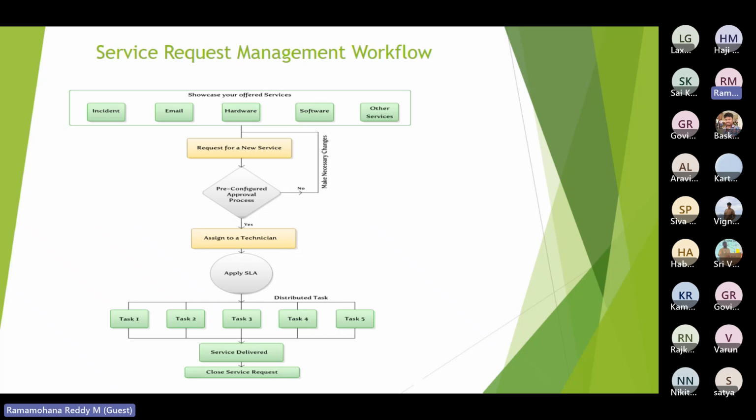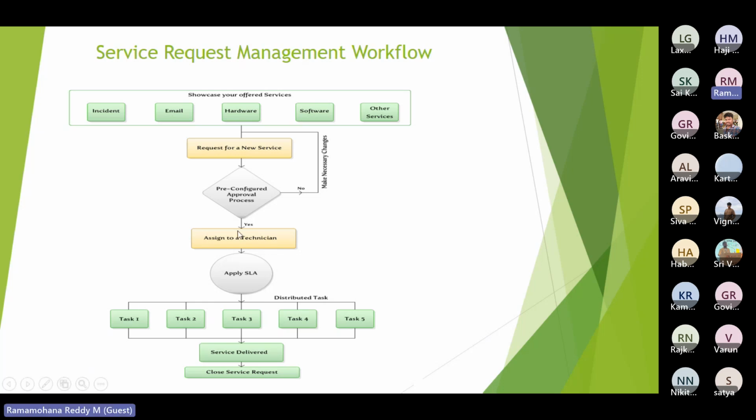Based on the configuration, we set it up in a workflow. Any new service requested goes for approval. Once the approval is given by the respective head or manager, it is assigned to a technician to perform the activity, assign the software, and install it at the client machine.